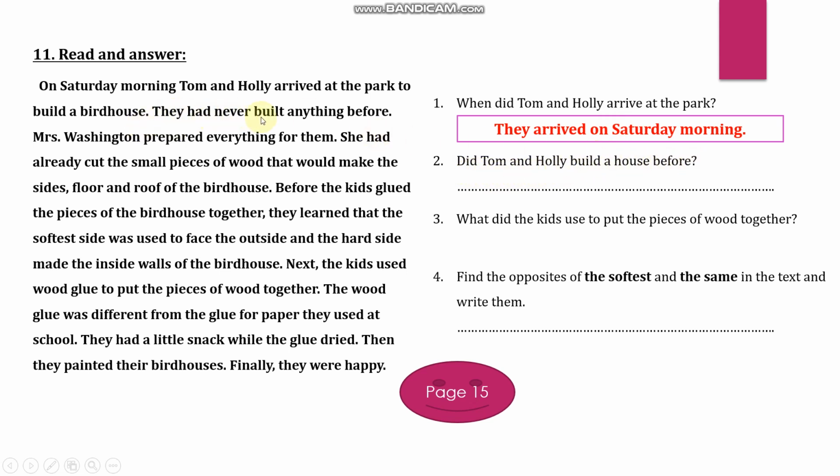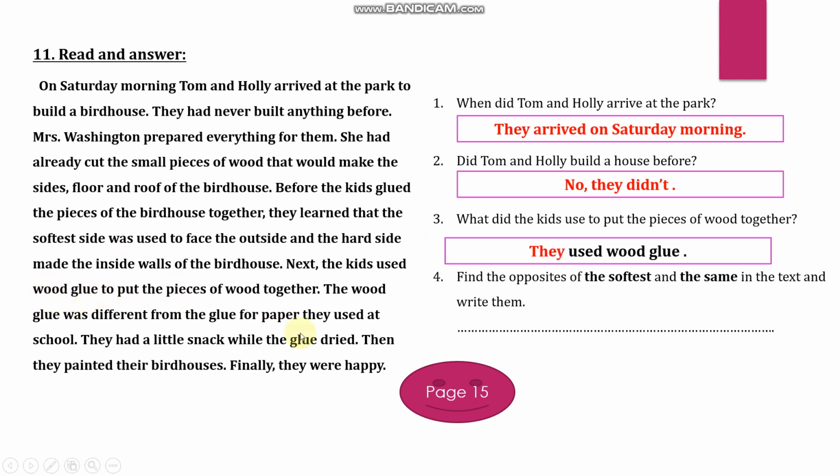They had never built anything, so the answer will be no, they didn't. Good. Don't forget we have a comma after no. Number 3. What did the kids use to put the pieces of wood together? They used what? Yes, the answer will be they used wood glue.